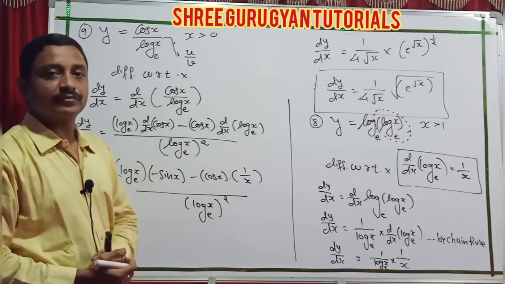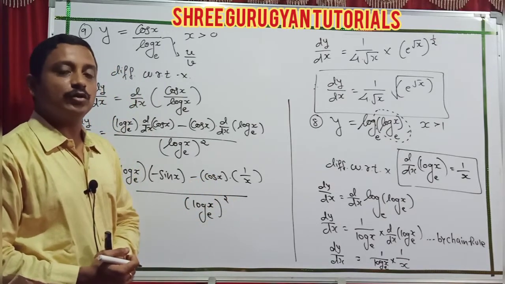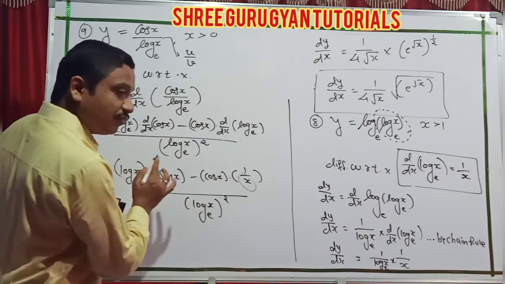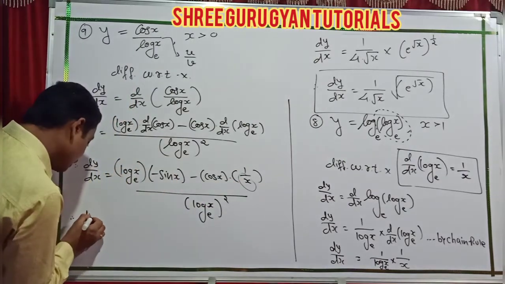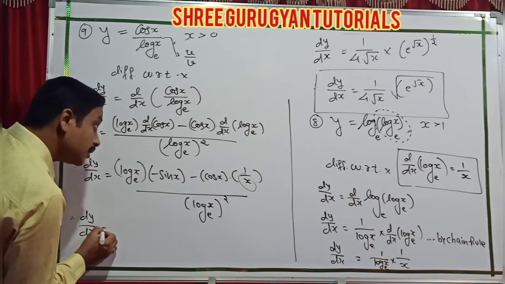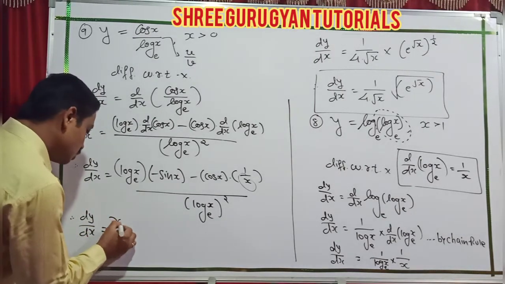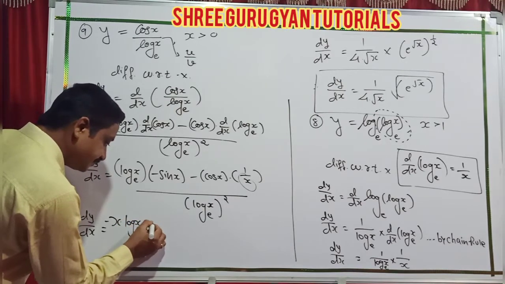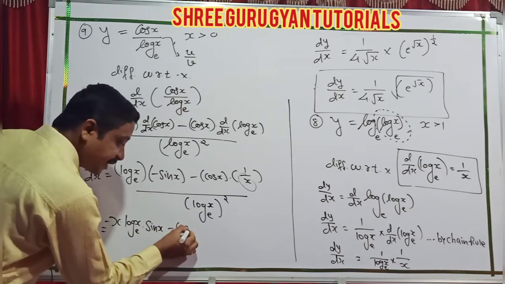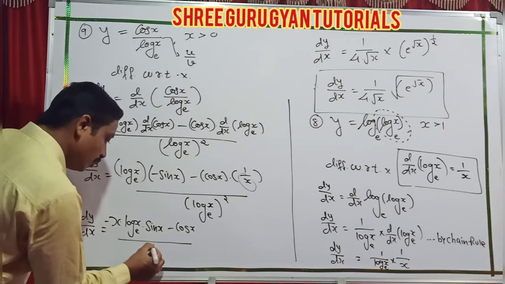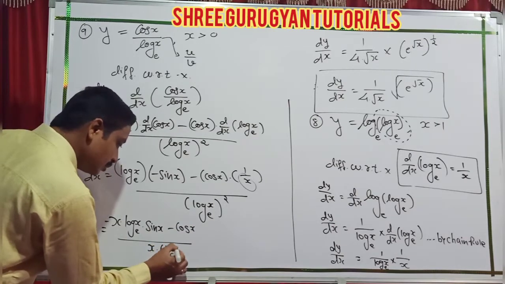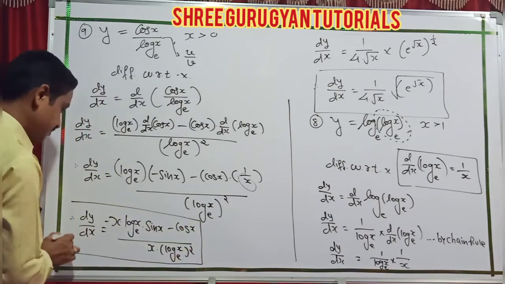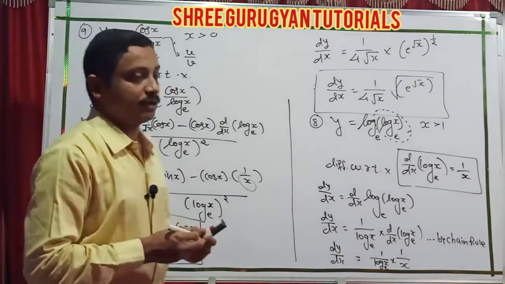Students, here the numerical is done, but if you take the LCM, that is also a possible answer. In this way, x into minus log x base e into sin x minus cos x upon x into log x base e whole square, and that much is my answer for question number 9.